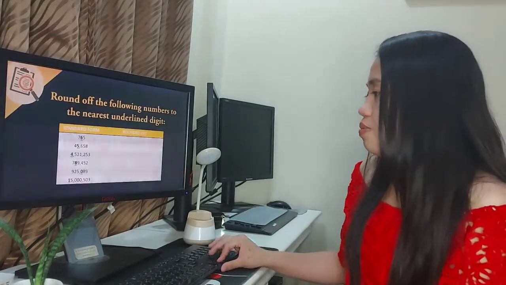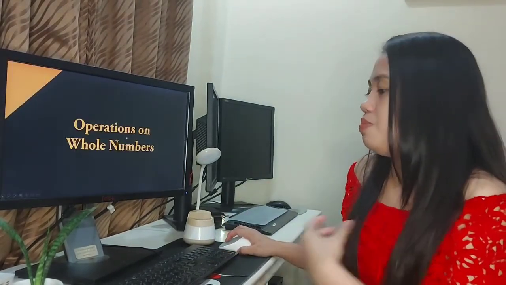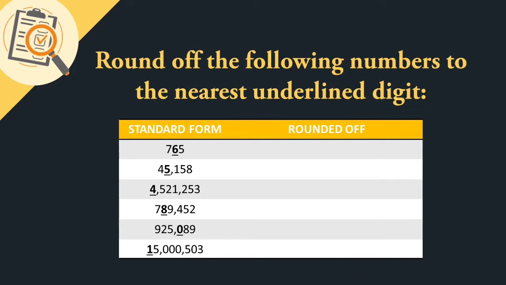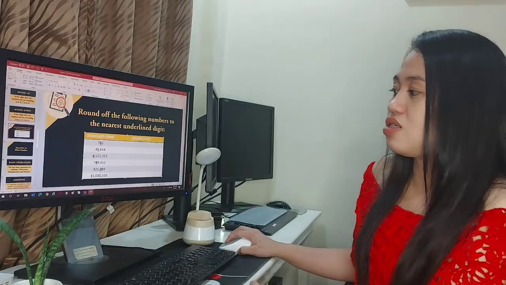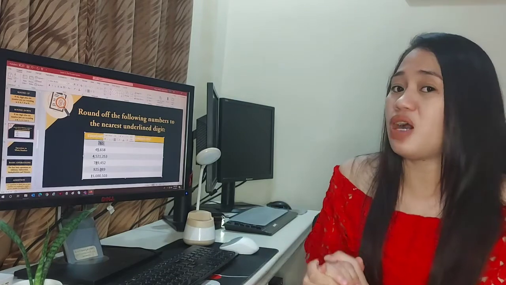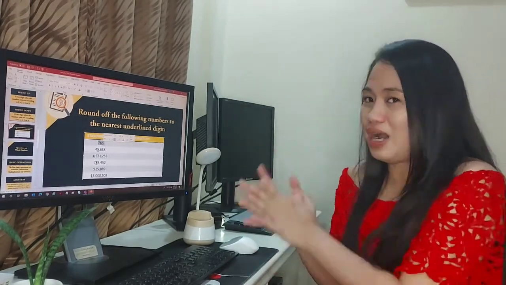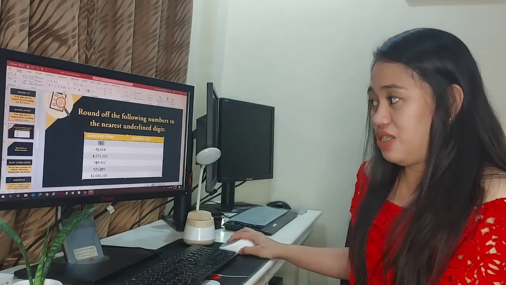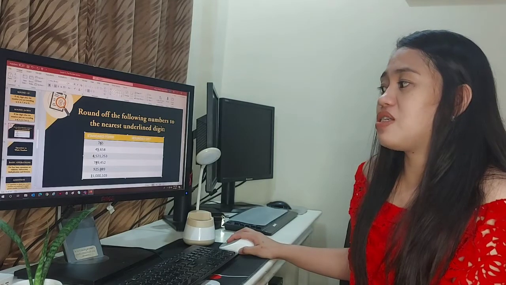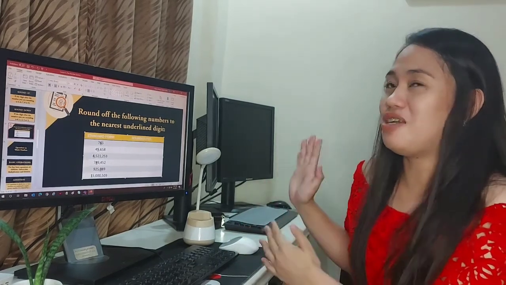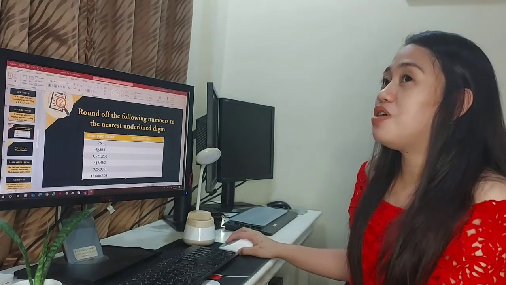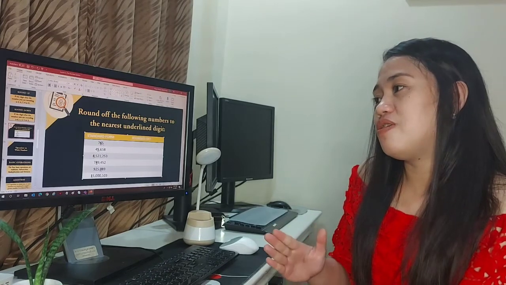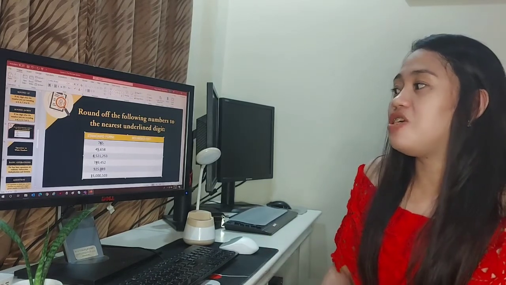Okay, let me give you an example to make it clear. For example, this one, we have here 765, and the underlined digit is 6. Yung katabi ng 6, it's either we round up or we round down. Okay, so when we round up, we check. So we have here number 6. So titignan mo yung number na katabi ng 6 sa right. So when it's 5, 6, 7, 8, 9, we round up.